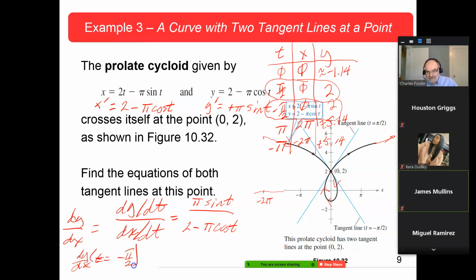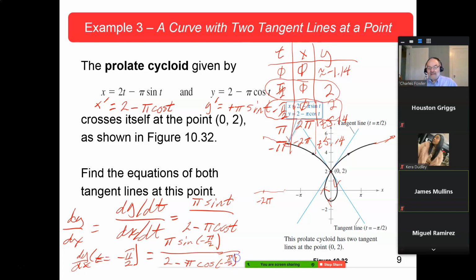Minus pi halves, that derivative would be this thing right here: pi times the sine of negative pi halves over 2 minus pi times the cosine of negative pi halves.